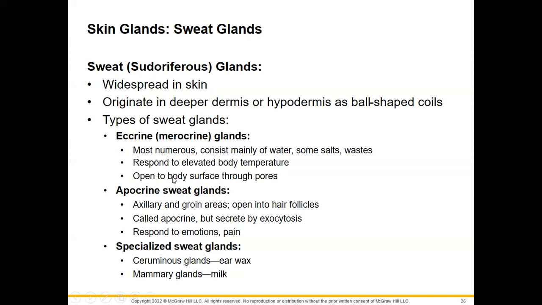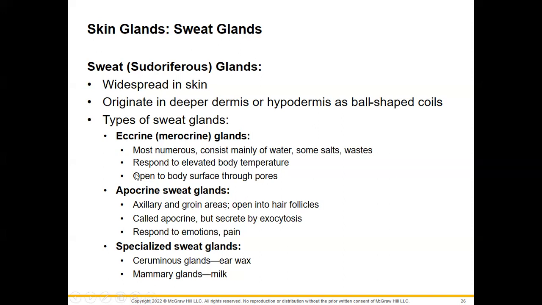Apocrine glands are different than the eccrine glands, obviously. Apocrine glands are located in your axillary region and your groin region. When we say axillary, we mean armpits. So pits and groin, and these open onto the hair follicles.